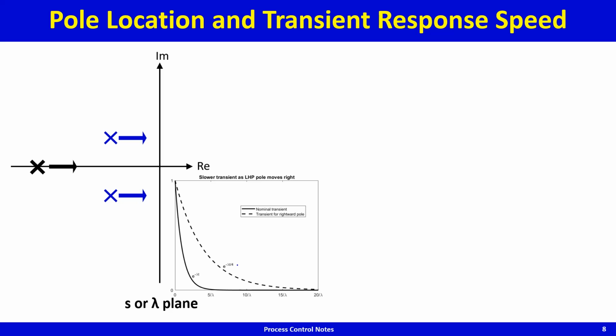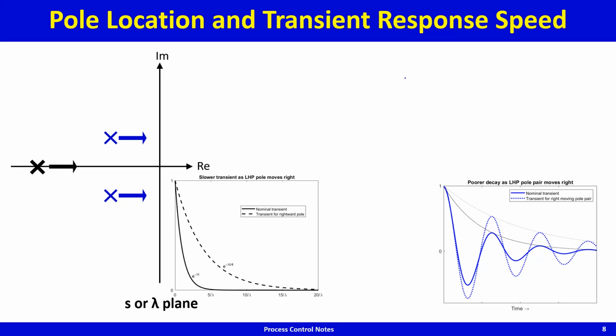In that case, the frequency of oscillation remains fixed, however the exponential envelope of those oscillations slows down. Therefore you will have the same oscillations, but because of the rightward movement of the complex conjugate pair, the decay would be poorer, things would decay slower. Okay, and that's what is shown here.